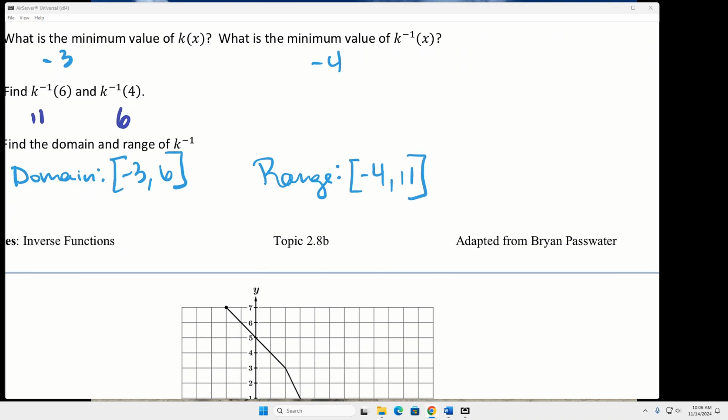Right, so that's how you can do it if you don't do the graph, which is what we're going to try on example 5.